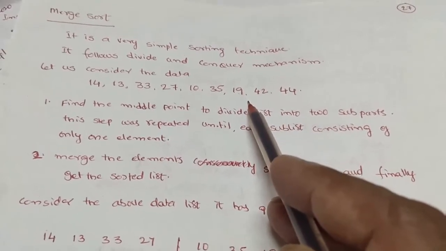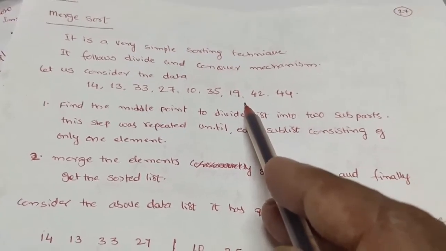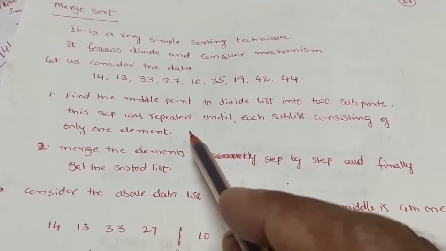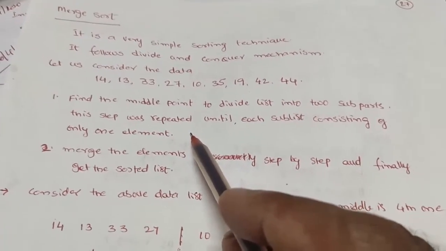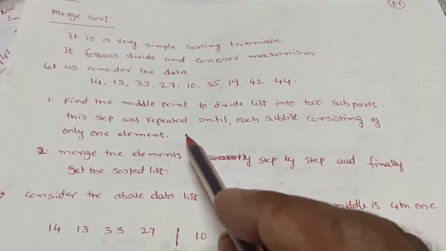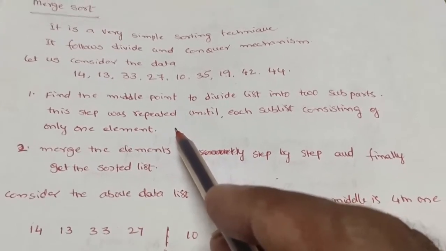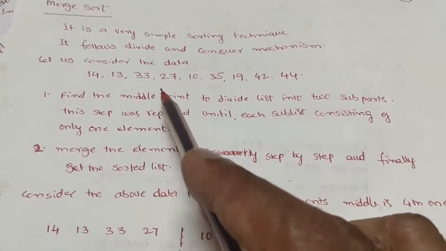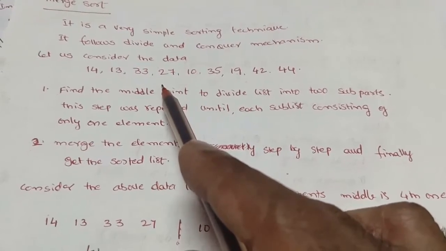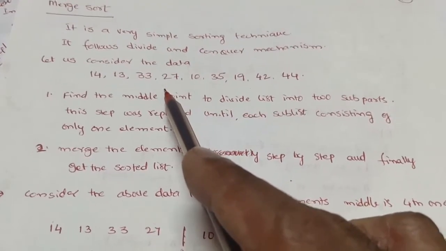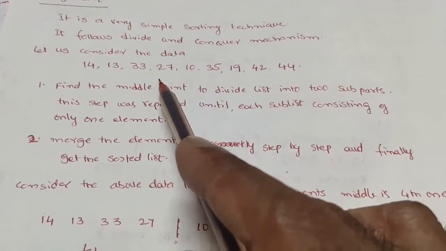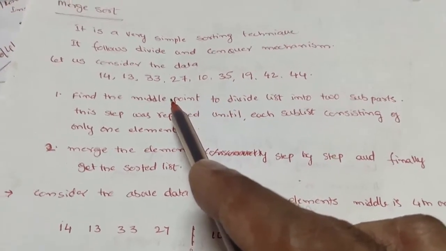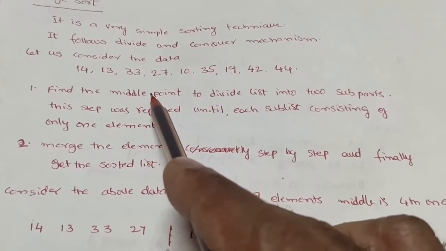into 2 sublists. Here we can repeat step 1 until each and every list consists of a single data element, right? That means again we are going to subdivide the list L1, the 4 elements, into 2 sublists, each sublist consisting of 2 elements, and again we consider the sublists where each consists of 1 element.